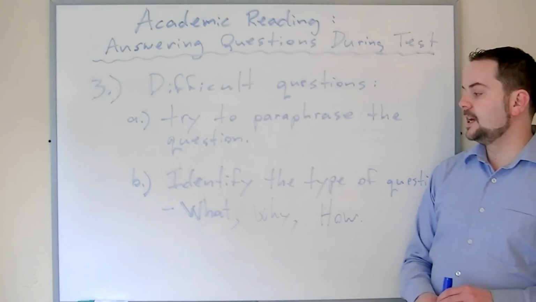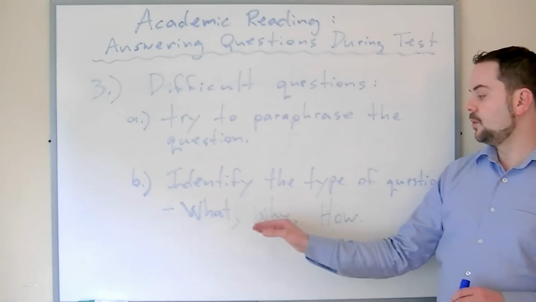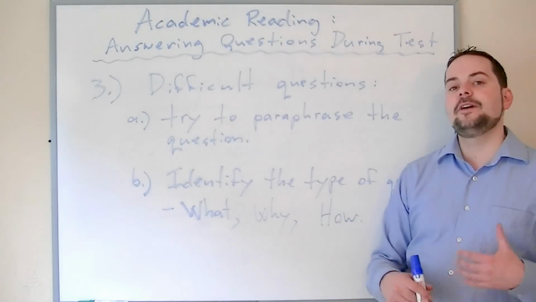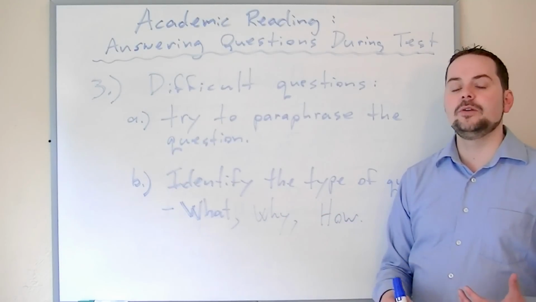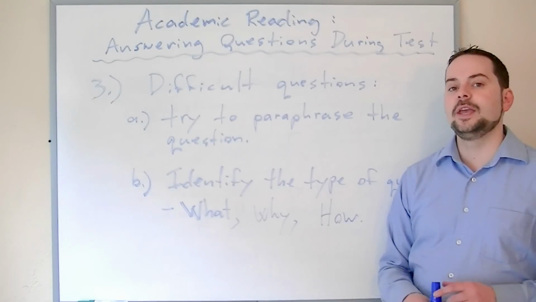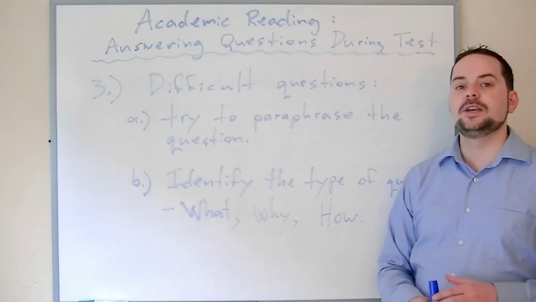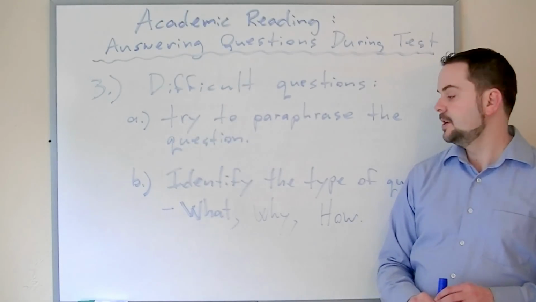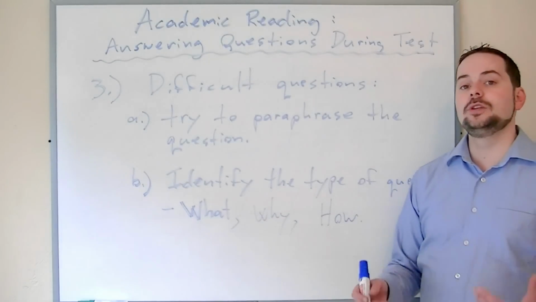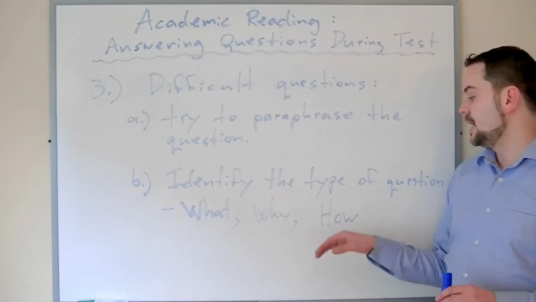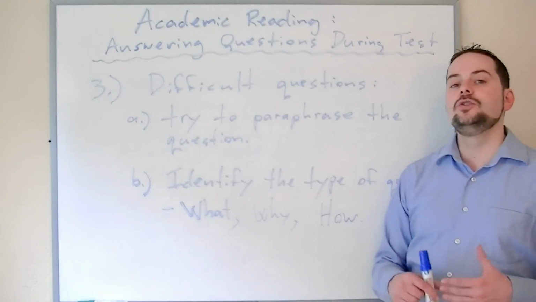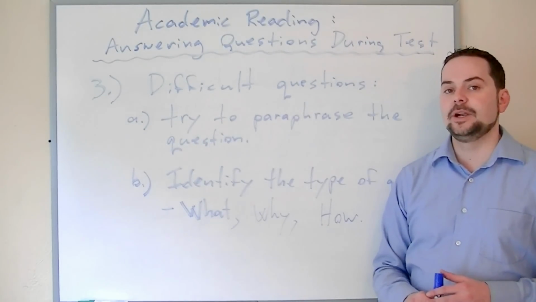When you realize the question is a what, why, or how, it's much faster to skim read or to search for the answers, because remember, usually what information is at the beginning of paragraphs, why information is usually in the middle of paragraphs, and how information is usually at the end of the paragraphs.